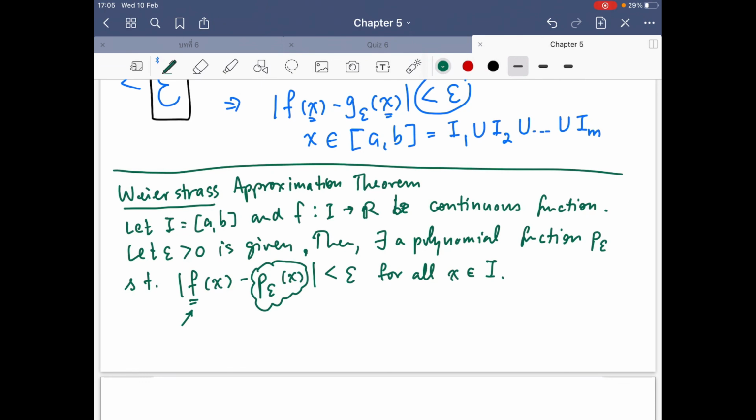So this theorem says that if you want to approximate the value of a given function, you can approximate it by a polynomial, and this approximation will be as good as you need.